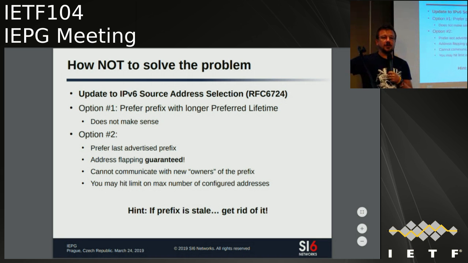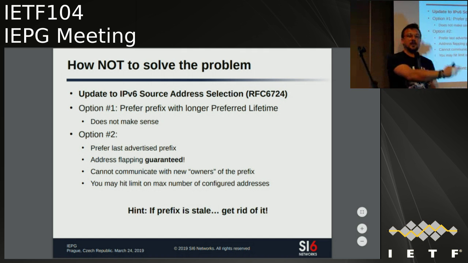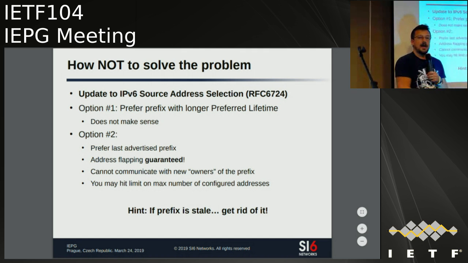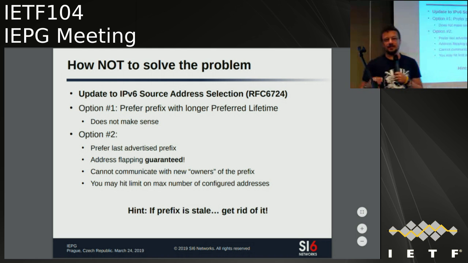This router sends a router advertisement, so this prefix was the last one advertised, and you start preferring this address. Then the other router advertises a different prefix, and now you start sourcing packets from the other address. It's guaranteed that the source address of the packets will flap. That's not nice for troubleshooting.